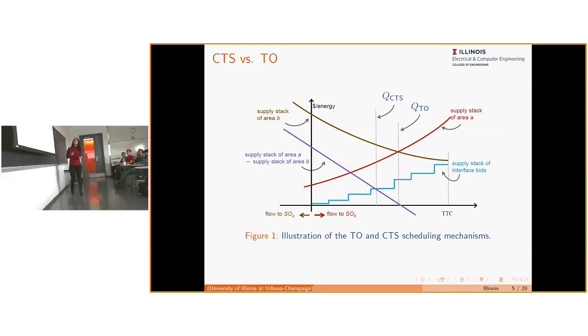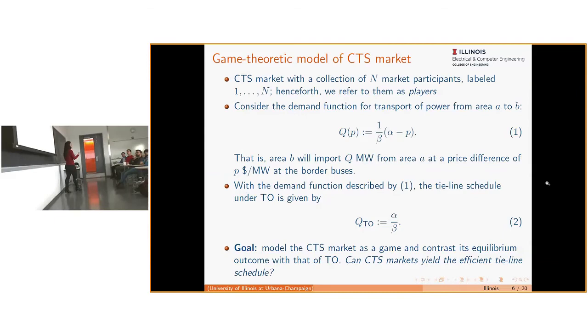So virtual bidders essentially can fulfill a role similar to capacity-constrained generators that are competing to supply an elastic inter-area demand of transport, which is given by the price spread between the two areas.